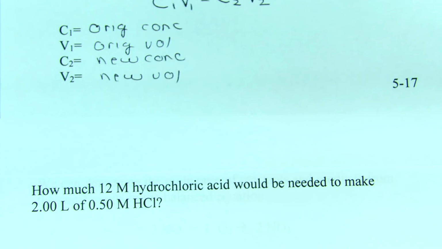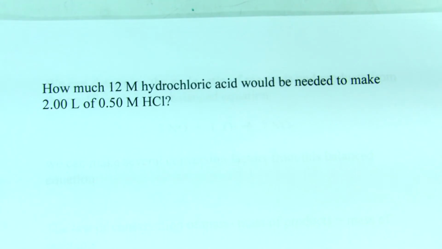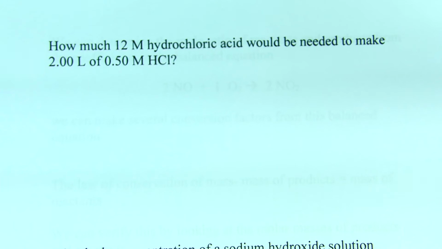So here's a typical question. How much 12 molar hydrochloric acid would be needed to make 2 liters of 0.5 molar HCl? Well, if you want some 0.5 molar HCl, why would you use 12 molar hydrochloric acid instead of using hydrogen chloride? Why would this be a practical thing to do?